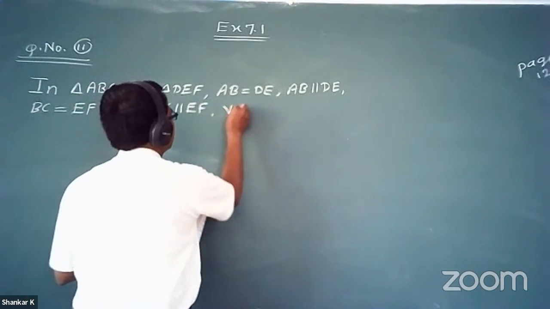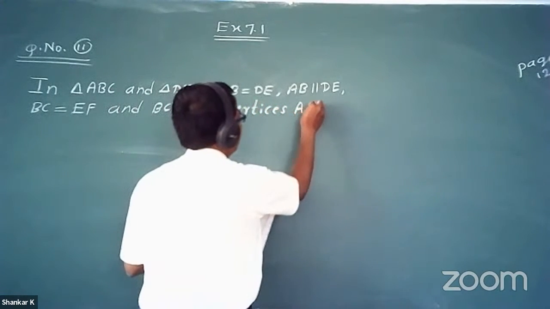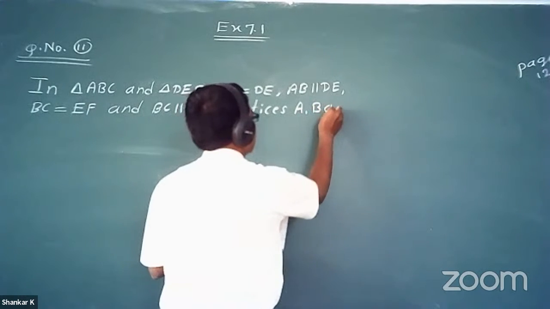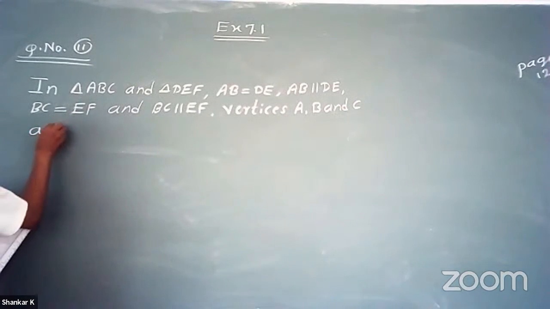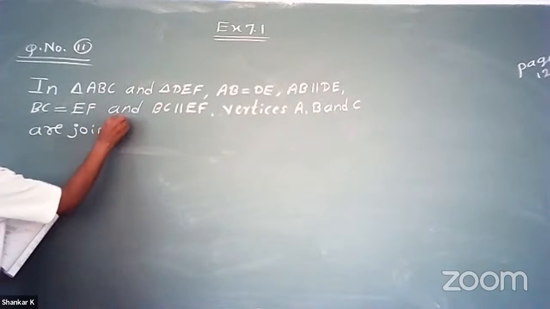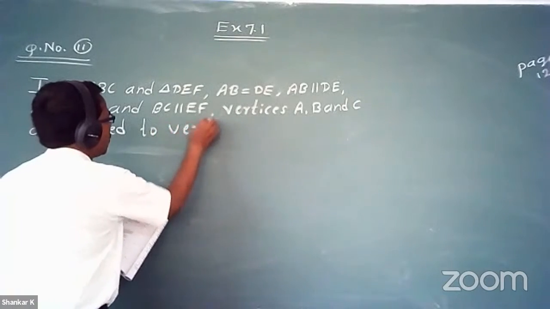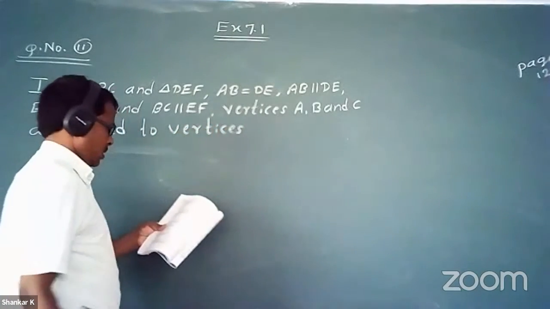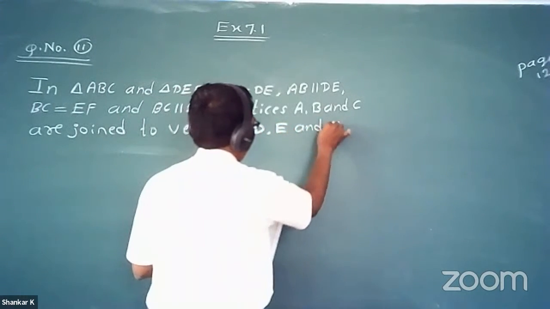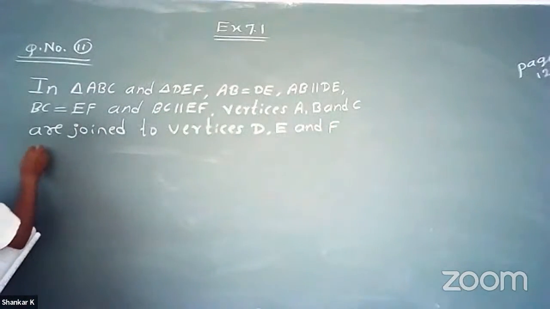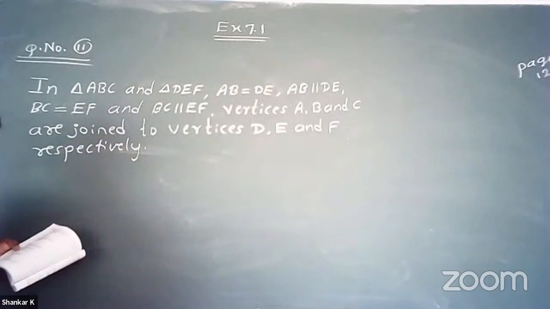Vertices A, B and C are joined to vertices D, E and F respectively.